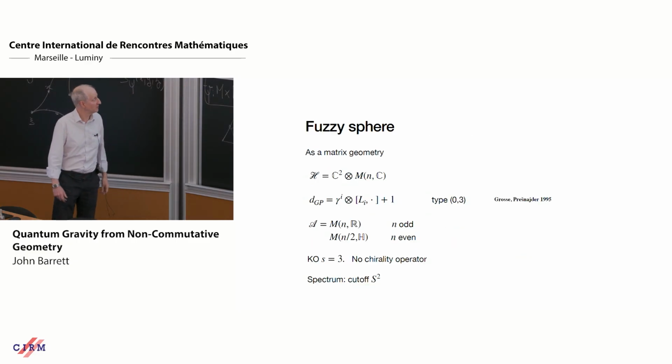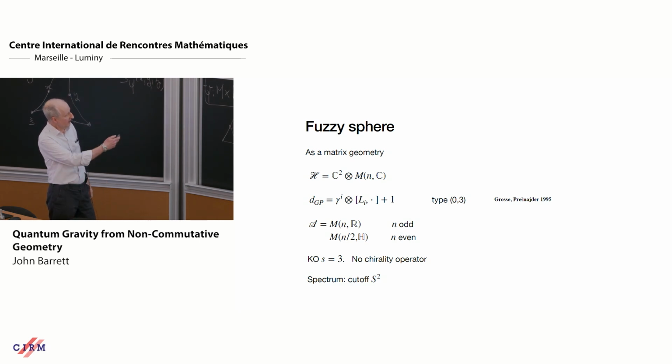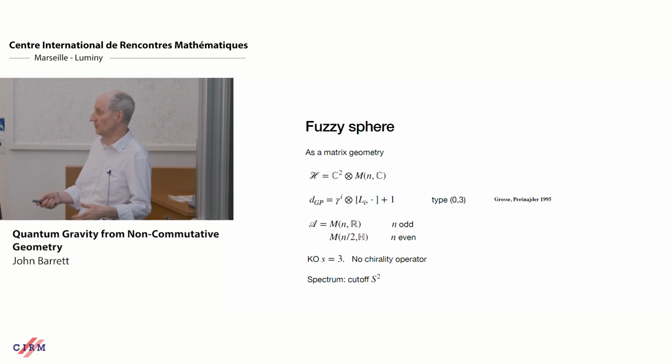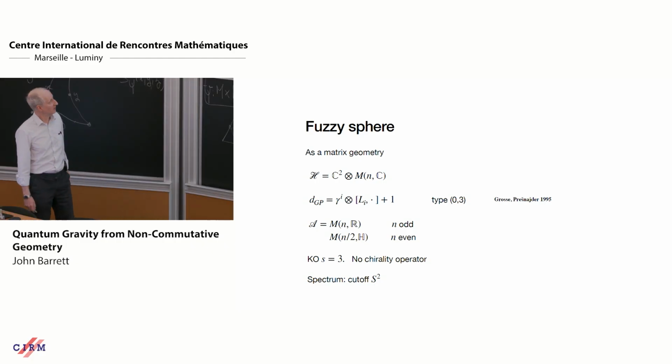These are generators of SU(2), the symmetry of this sphere. And the algebra you can write as M_N(R) or M_N/2(H), depending on whether n is odd or even, which is the algebras that commute with the SU(2) action.